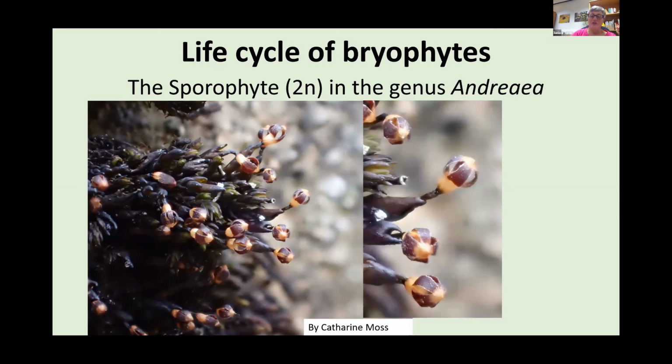This is the genus Andreaea. So Andreaea is an acrocarpous moss. It grows on rocks in mountains, very common on rocks in mountains. The difference with this one is it has a capsule which, instead of having a lid that falls off, or having a membrane with holes, splits into four.